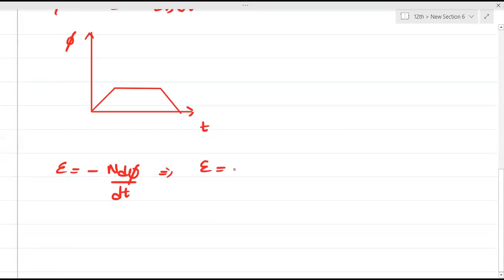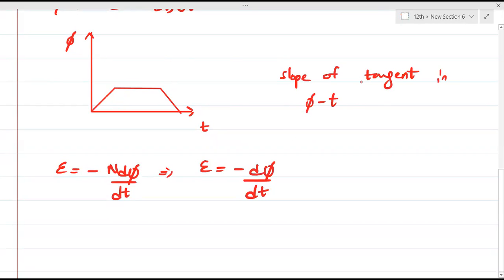E is equal to minus d phi by dt. So for the first part is the flux increasing or decreasing, flux is decreasing. So d phi by dt here according to this graph will be slope of tangent in phi t graph. क्या हो जाएगा? It will be equal to d phi by dt.